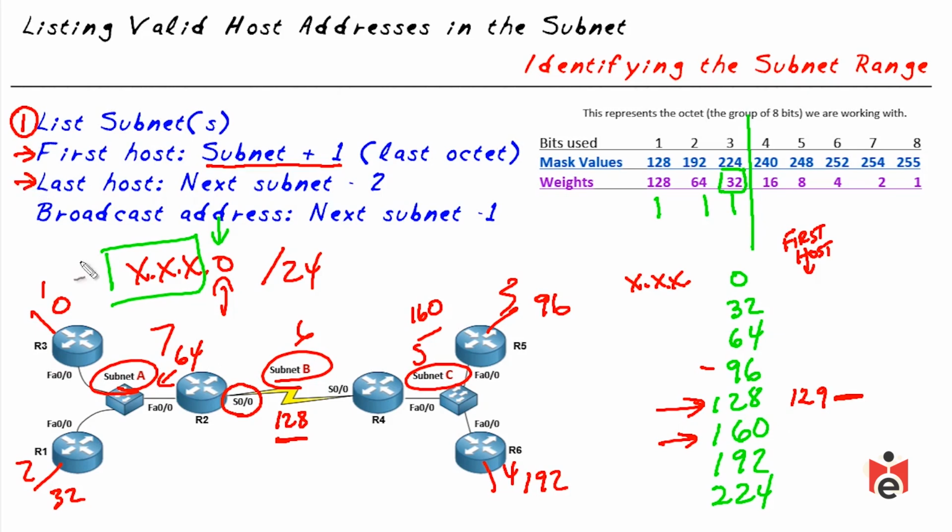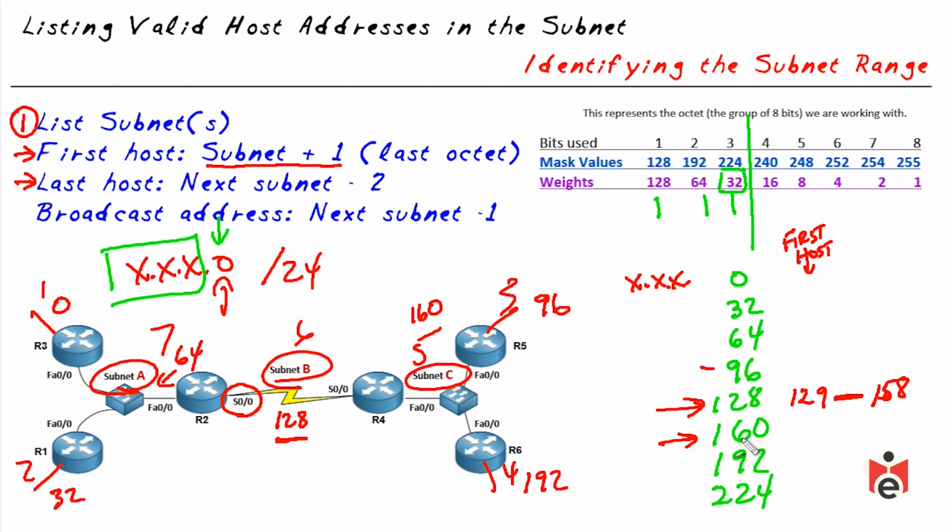I'd like you to read this with me. The last host is going to be the next subnet minus 2. So if this guy's 160, if we subtract 2 from that, the last host on the previous subnet is going to be 158. Now, the first knee-jerk reaction is, why? Why do we have to subtract 2? Why can't we just use like the next subnet minus 1?